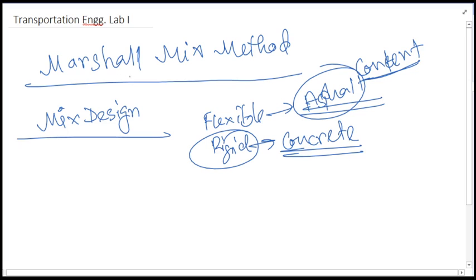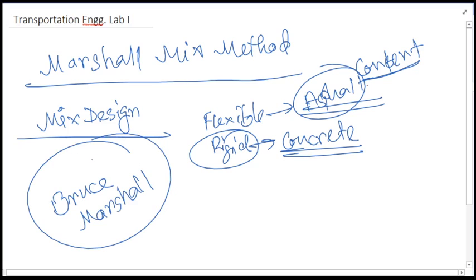this is named after Bruce Marshall. Bruce Marshall is actually the inventor of this design, that's why this is named after him as Marshall mix design. So you might have been thinking that the Marshall mix design is coming from, as it is related to US Army, but no, that is not the reason.